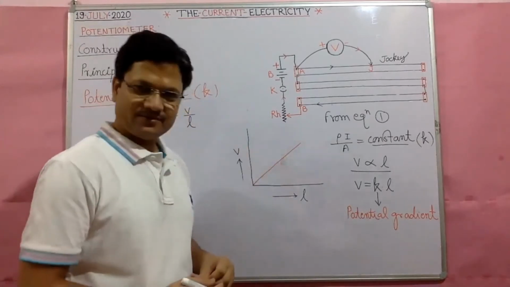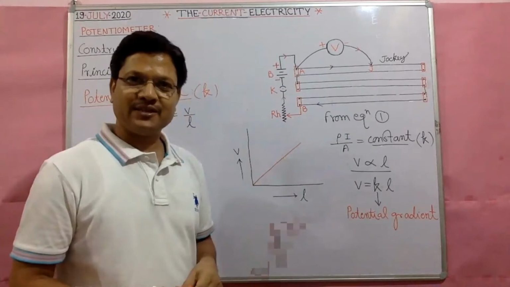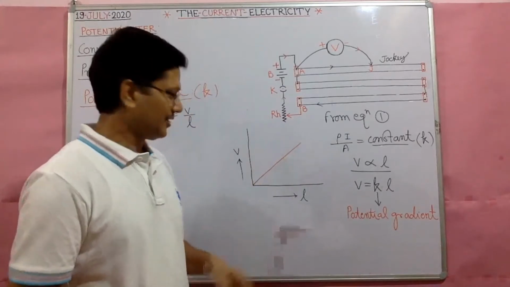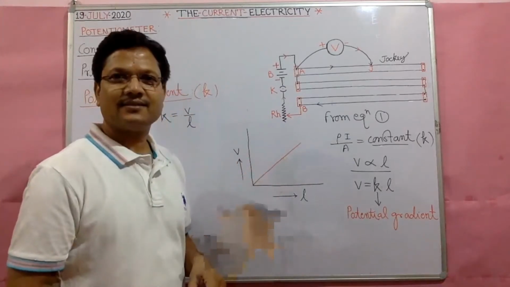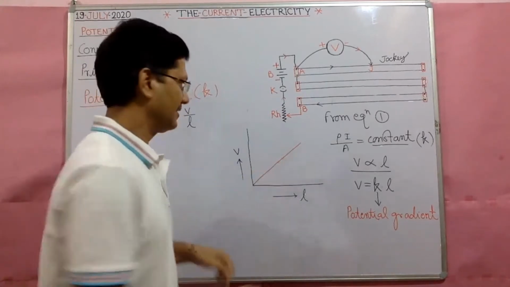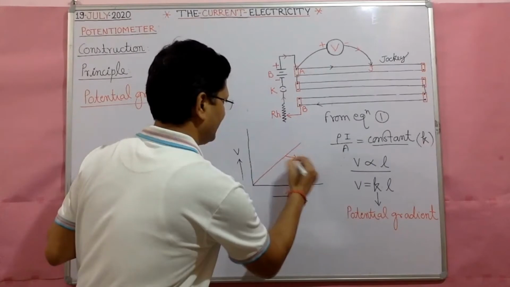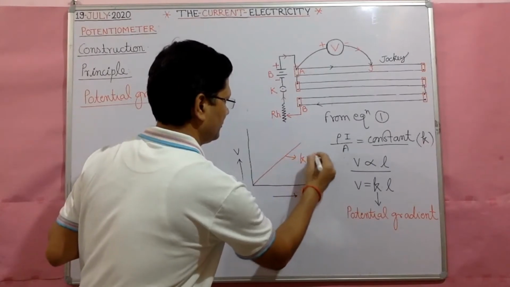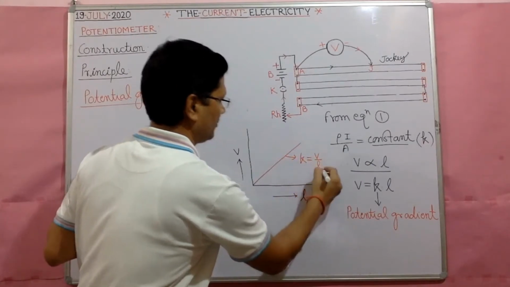The slope of this graph represents the potential gradient. Clearly, K is equal to V upon L.